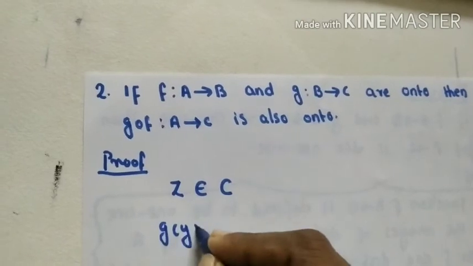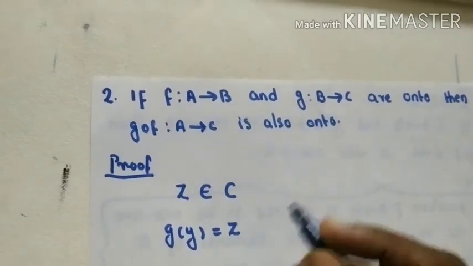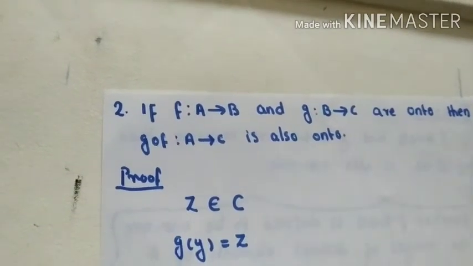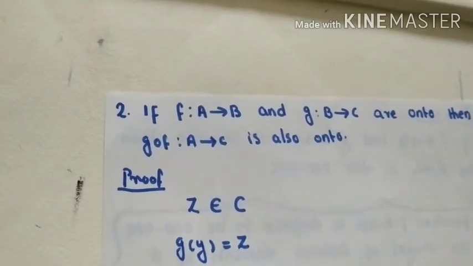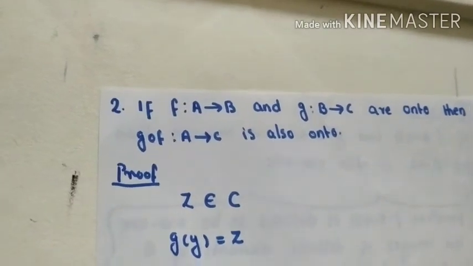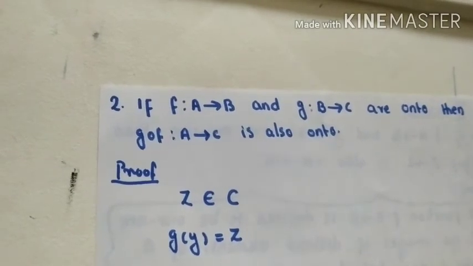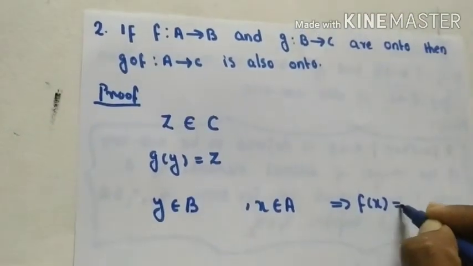Also, we are given that f is onto, and y is an element of set B, so there exists an element x in A such that f of x equal to y.